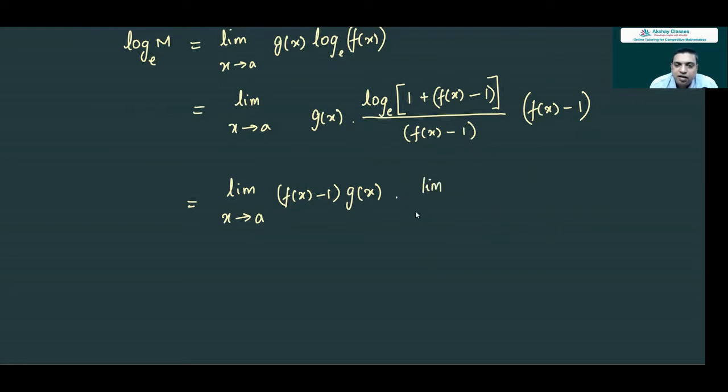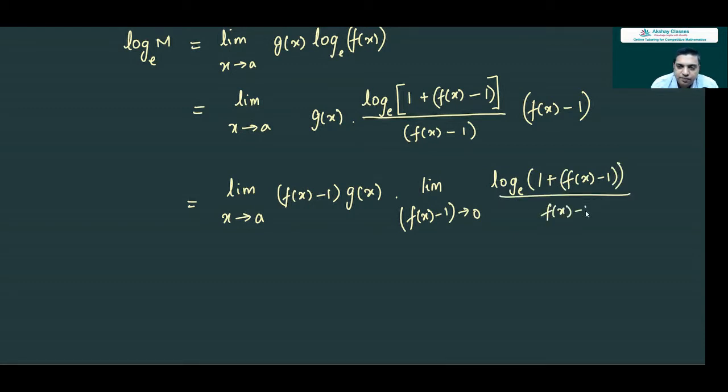Multiplied by log of 1 plus f of x minus 1 by f of x minus 1, where as x tends to a, f of x tends to 1, which means f of x minus 1 tends to 0. So this limit is 1.